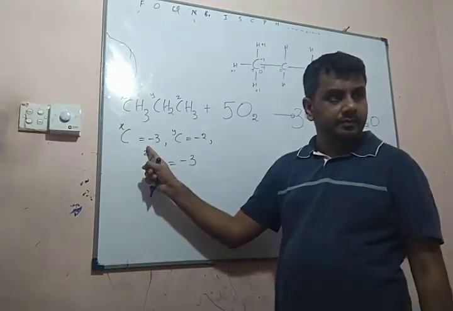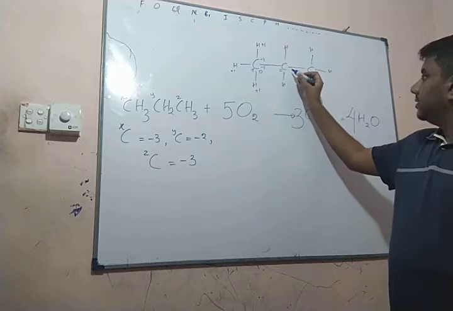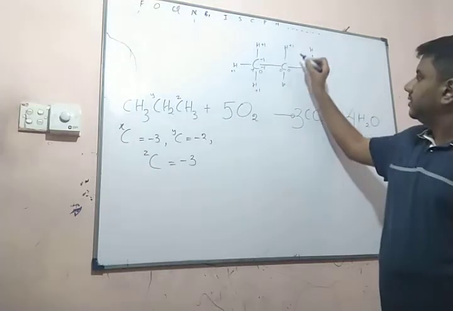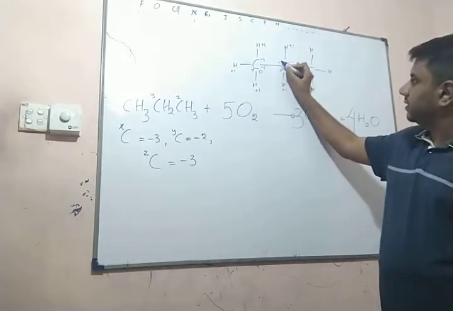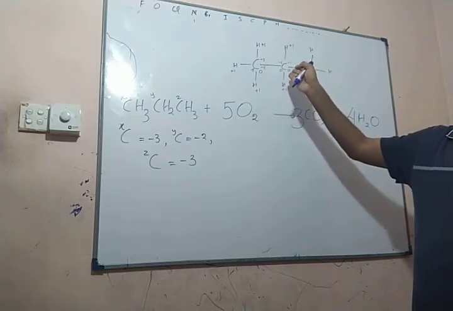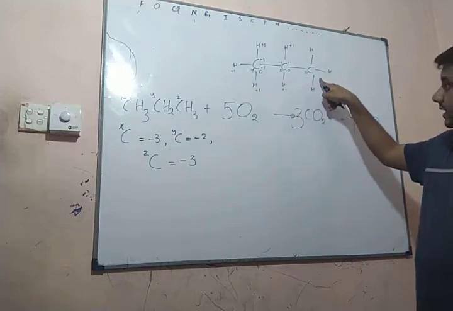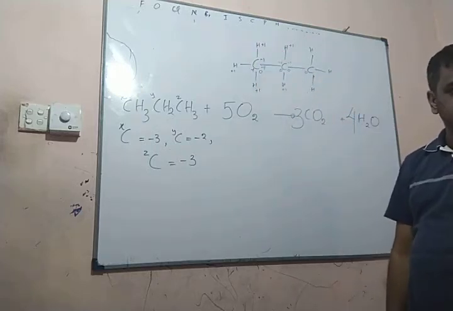So what's the oxidation state? -3. And this carbon: 0, 0, +1, -1, +1, -1. So what's the oxidation state? -2. Likewise here, same as this, -3.